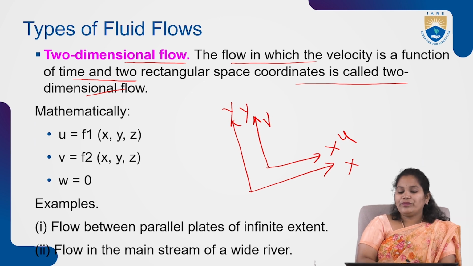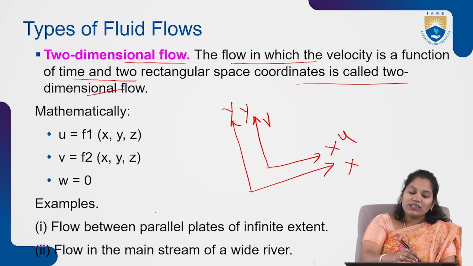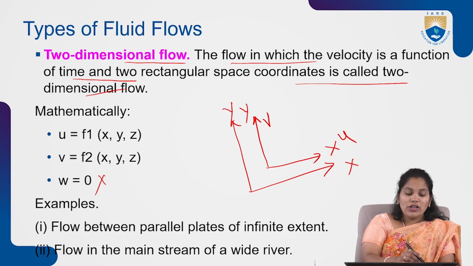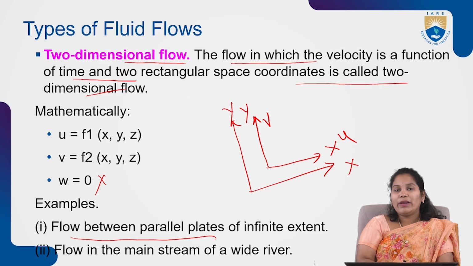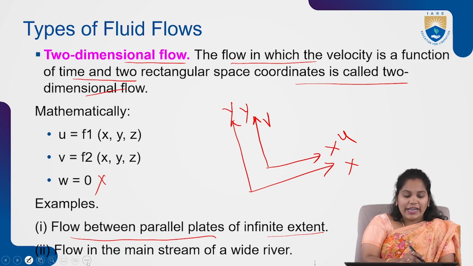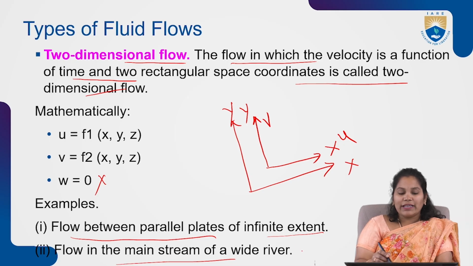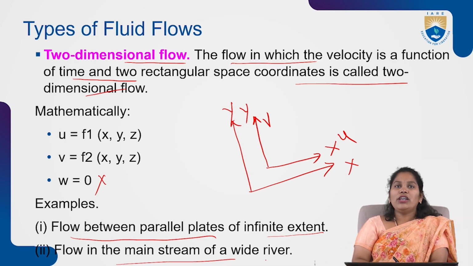W is 0, only two coordinate systems, that is two-dimensional flow, right? The flow between parallel plates of infinite extent is an example of two-dimensional fluid flow, and flow in the main pipe of a wide river is also an example of two-dimensional fluid flow.